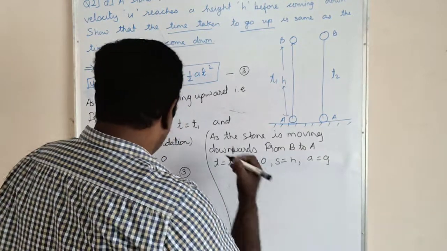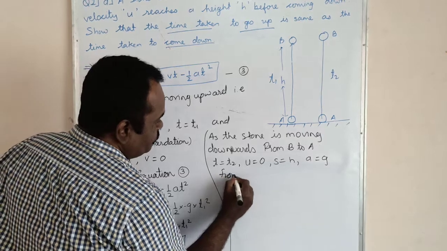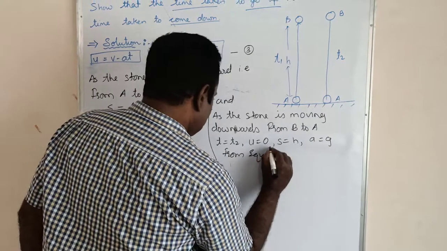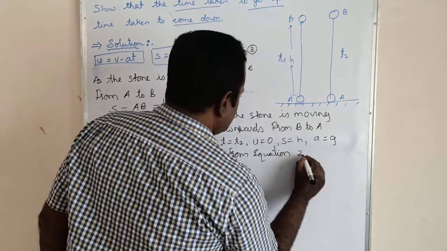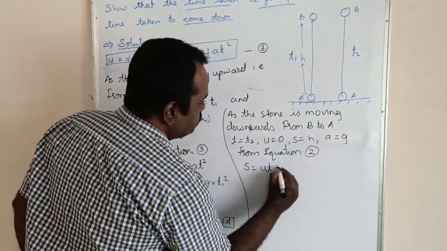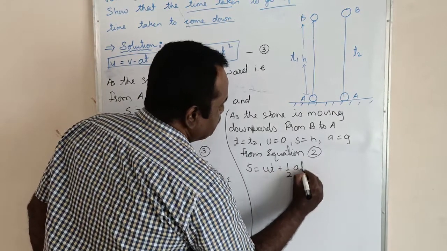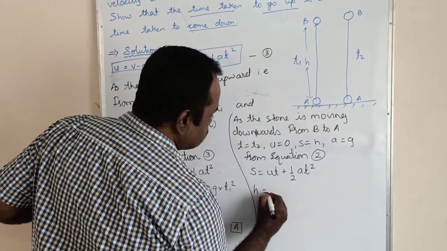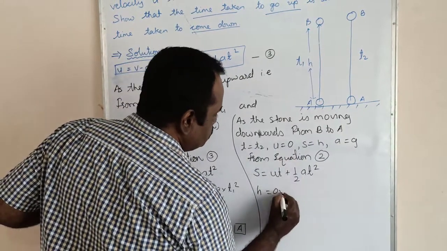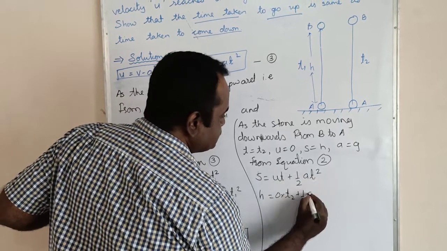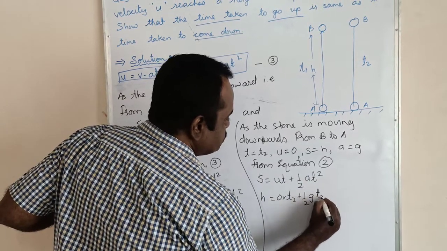So from equation 2, which we had seen before, s is equal to ut plus half at square. So what we get here? s as h, u as 0 multiplied by T2, plus half, a as g, t as T2 square.